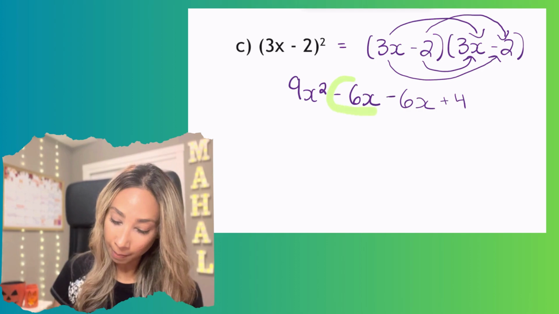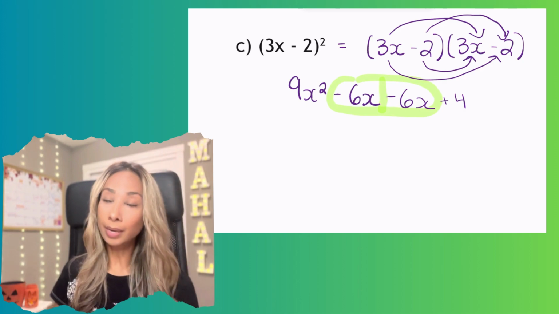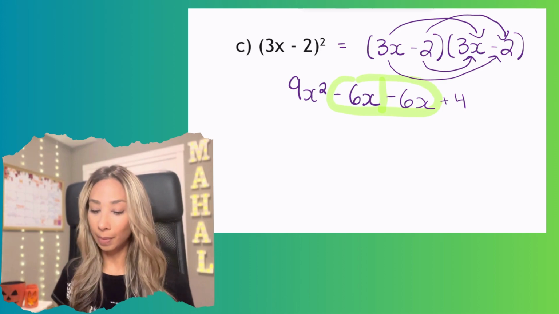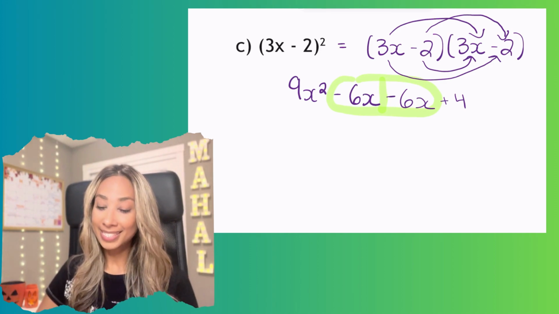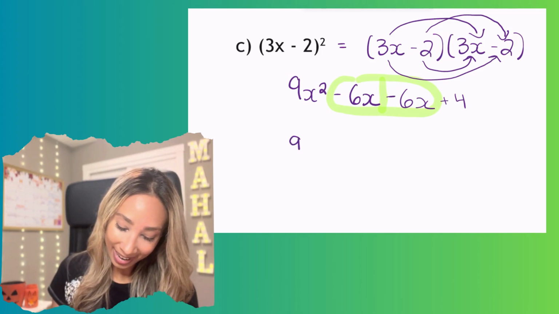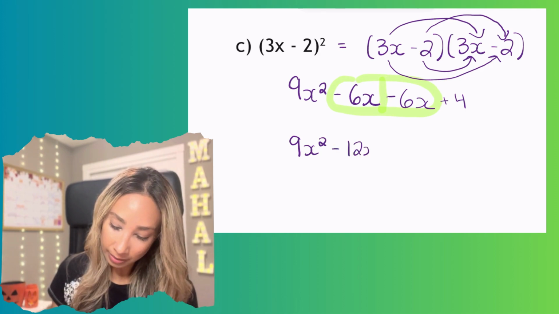Looking at, again, my like terms are right in here. So that's going to be negative 6 and negative 6. So we have 2 sets of negative things coming together, so we can add those together, but the answer is going to be negative. So that's going to leave me with 9x squared minus 12x plus 4.